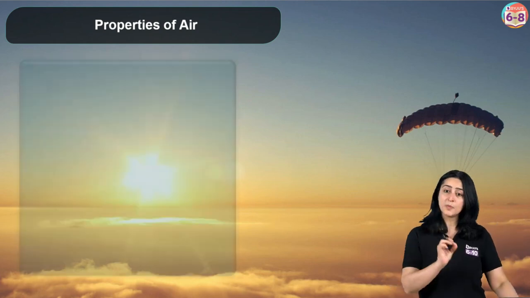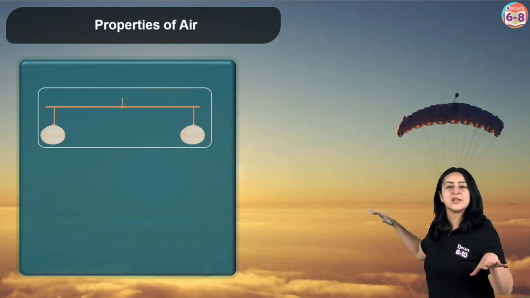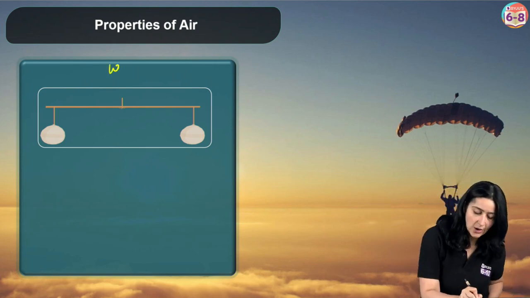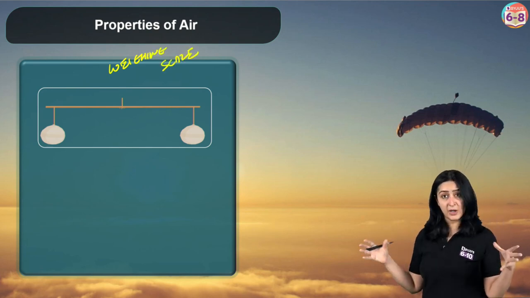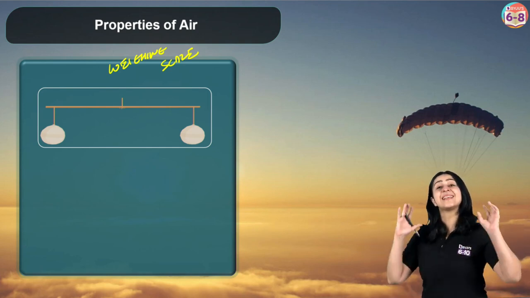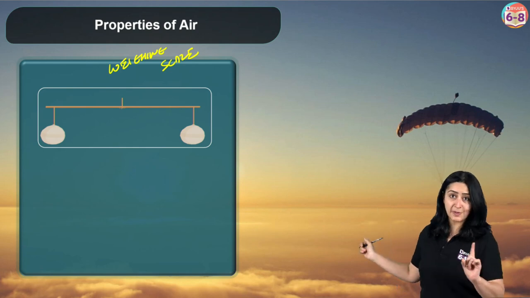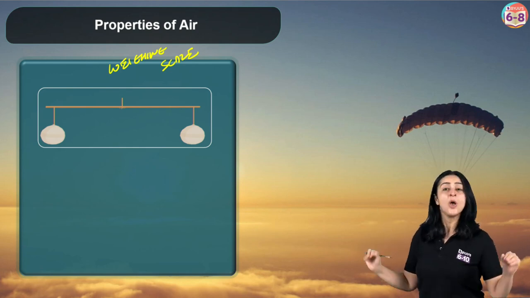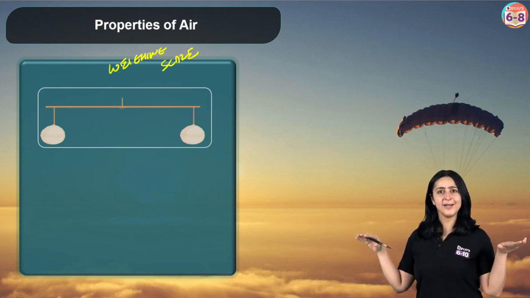We take these two balloons and tie them to a weighing scale. So the space taken by air in both of these balloons is absolutely the same. What is going to happen to that weighing scale? It is going to balance itself, right?